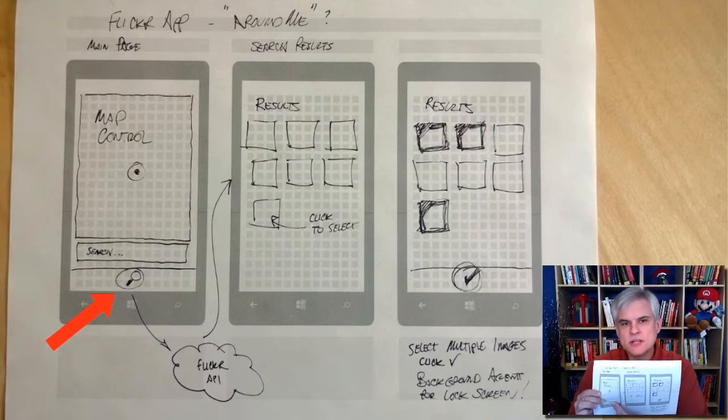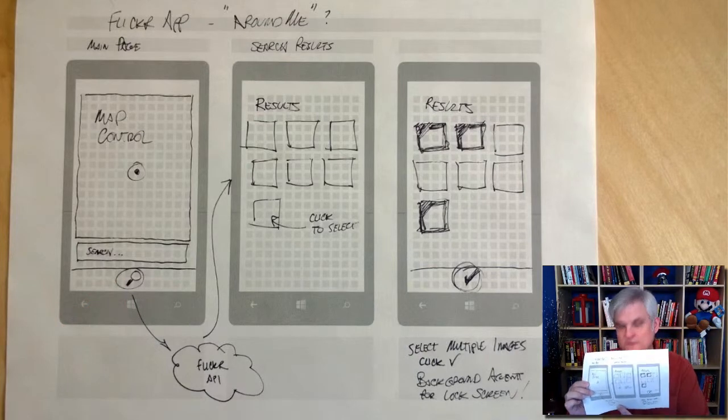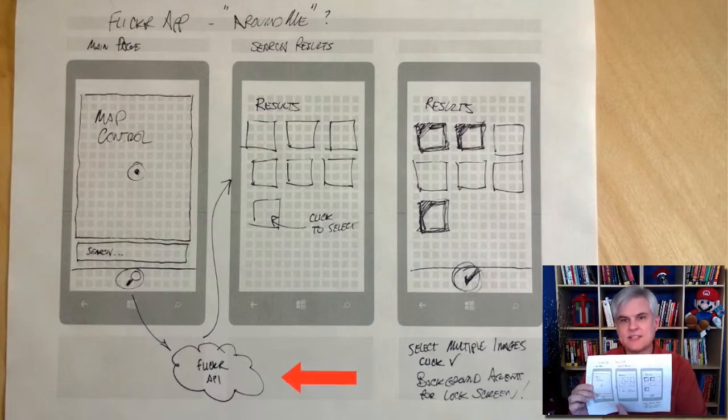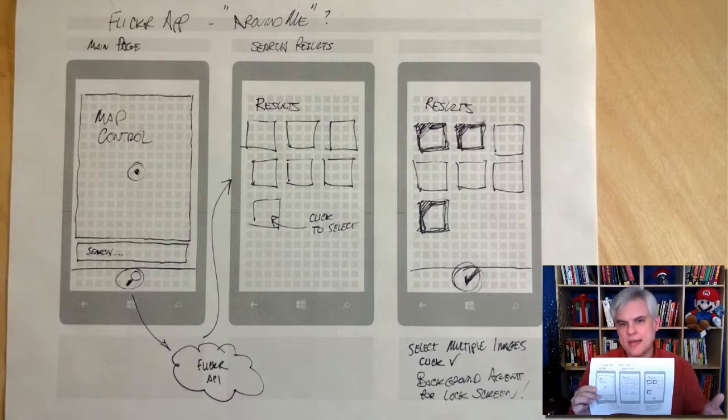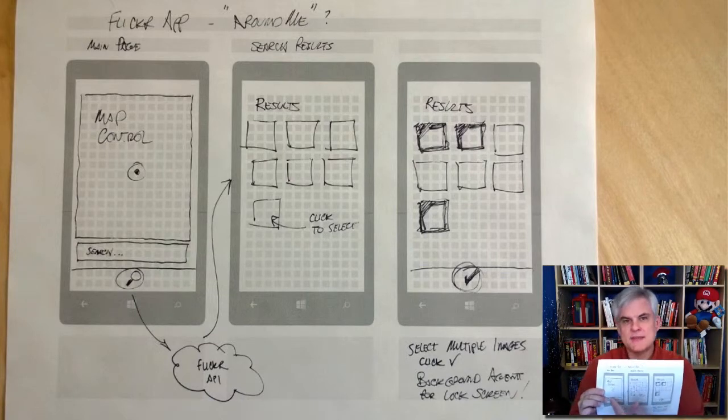So when the user clicks the search button on the app bar here at the bottom, we're going to make a call out to Flickr's web API. You can see I have that denoted with this little cloud at the very bottom. And so we're going to call their web callable API using the user's current locale, their latitude and longitude, as well as the little search phrase that they may have typed in here on the main page.